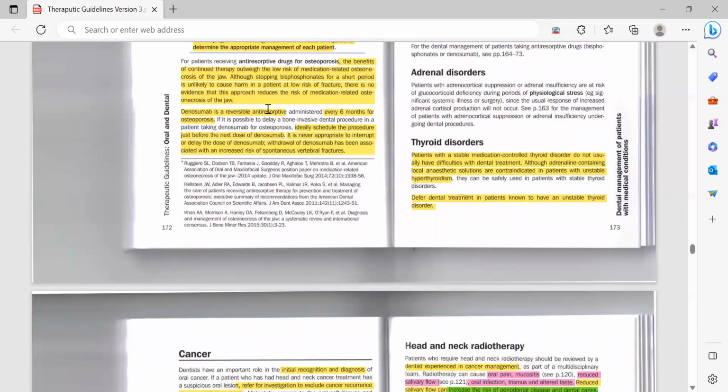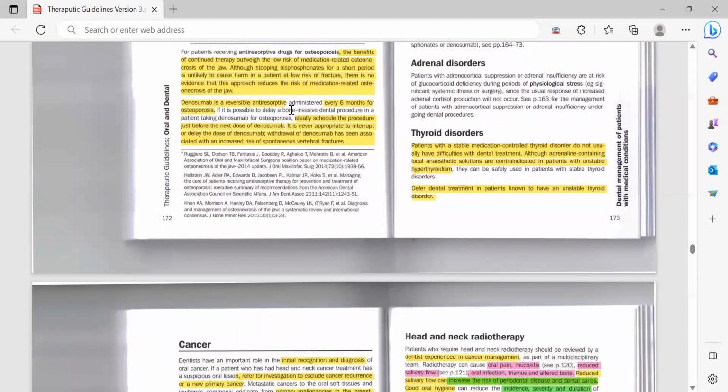Denosumab is a reversible anti-resorptive administered every 6 months for osteoporosis. If it is possible to delay a bone invasive dental treatment in a patient taking denosumab, ideally schedule the procedure just before the next dose. For example, if the patient took a dose in January and needs the next dose in June, you need to schedule the treatment around the end of May.